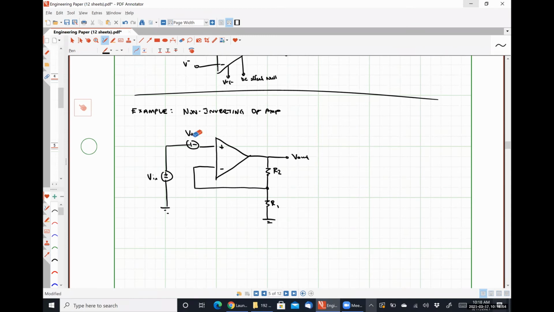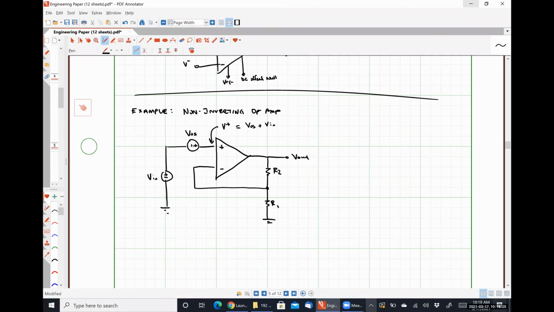Let me change the polarity of this just to make things a little bit more obvious, because you pointed out a flaw in my way of thinking, right? Because of course you did. So the voltage applied at our non-inverting input terminal is simply the sum of VOS plus VN, right?